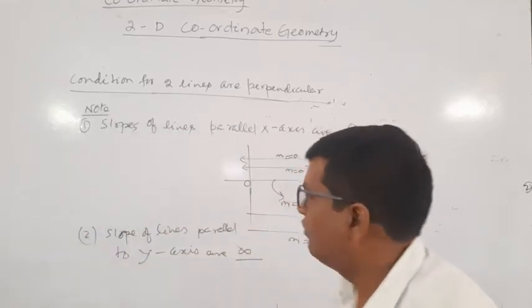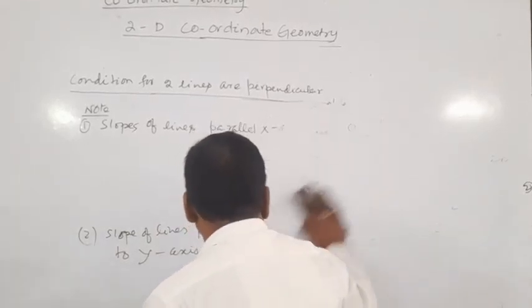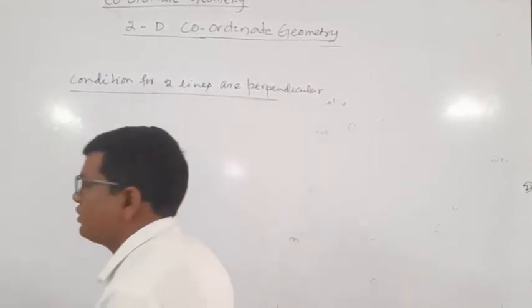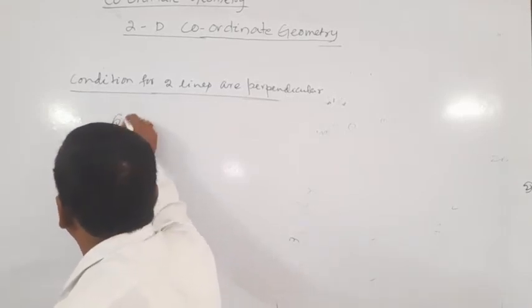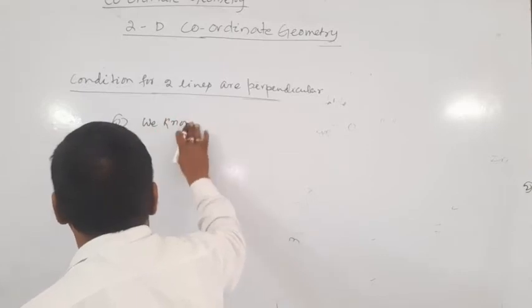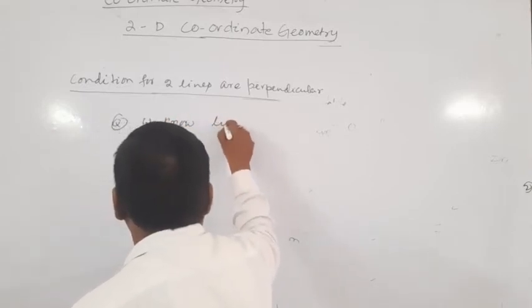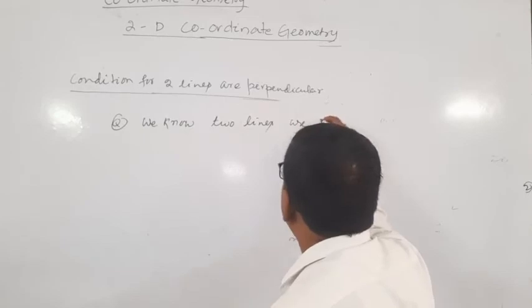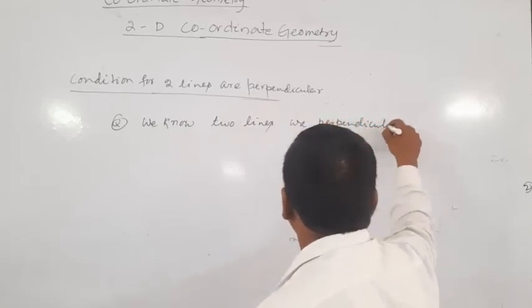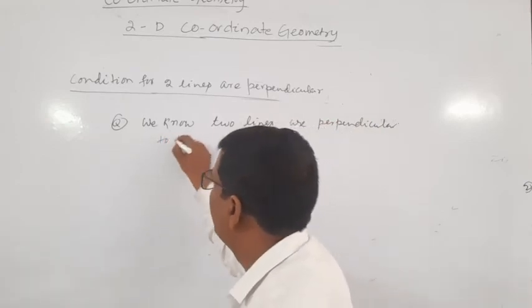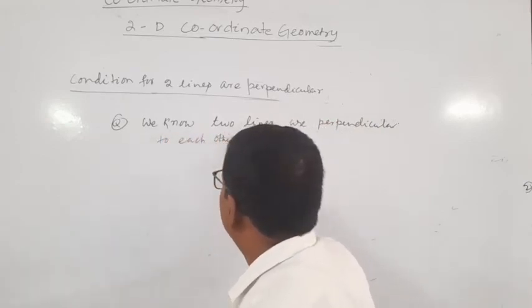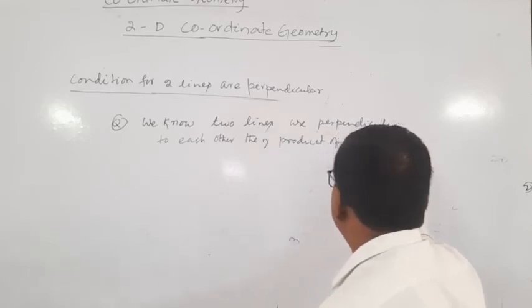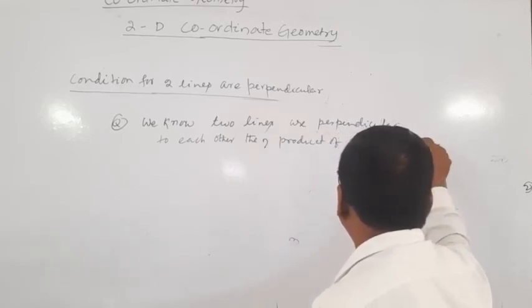One question we know: if two lines are perpendicular to each other, then the product of their slopes is minus 1.